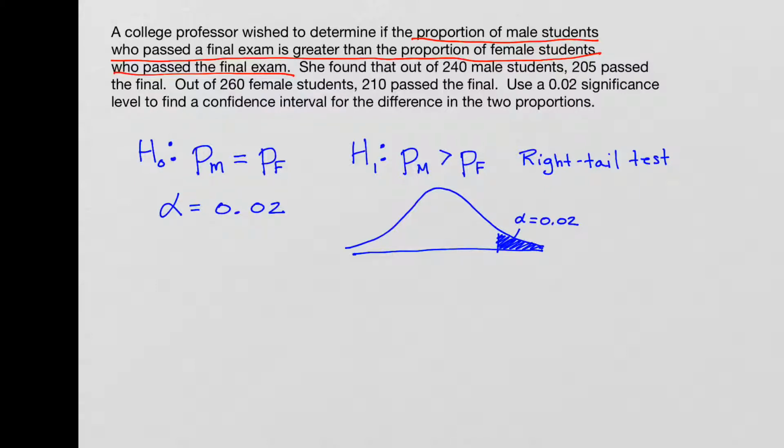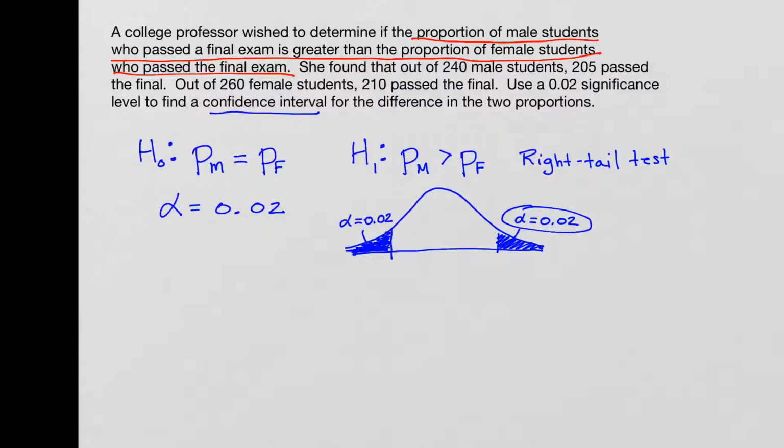But in this problem, we need to find a confidence interval. So when we're finding a confidence interval, we need the area in the center. So what I'm going to do is duplicate this alpha equals 0.02 area on the left-hand side as well. And so that's where the 2 alpha comes in for a one-tail test. So I've got alpha over here being 0.02 as well.